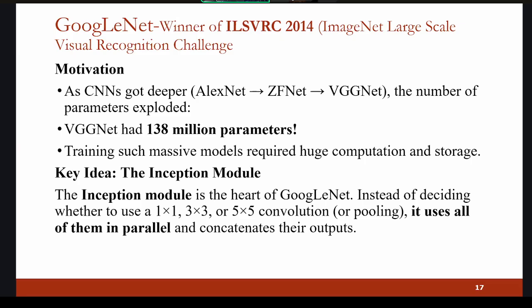What is new about this architecture is that as the convolution neural networks go deeper and deeper from AlexNet to VGGNet, the number of parameters the model is supposed to learn started exploding. When the VGGNet had nearly 138 million parameters to be learned, the training of such massive models required huge computational power and huge storage.